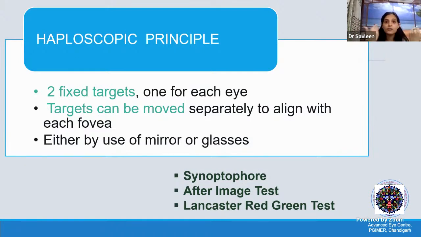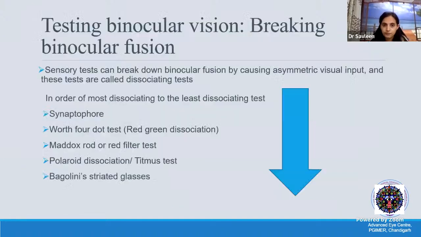Now you dissociate the two eyes with the help of a mirror or with the help of glasses. And the tests that we have based on this principle include the synaptophore, the after image test, and the Lancaster red-green test. When you're testing binocular vision, you want to actually break the binocular fusion. So the more you break it, the better chances are that you will be able to test the binocular vision.